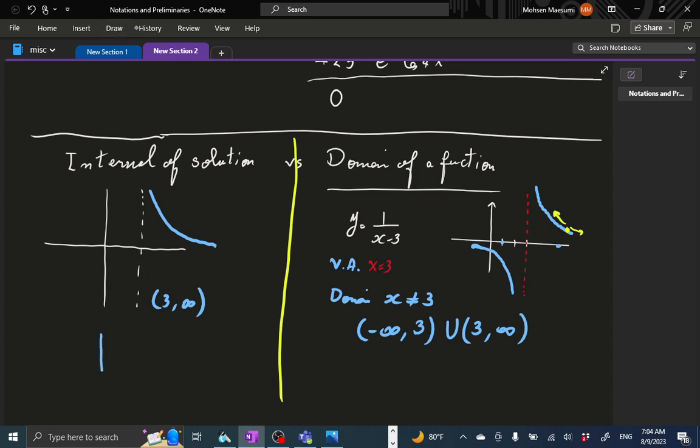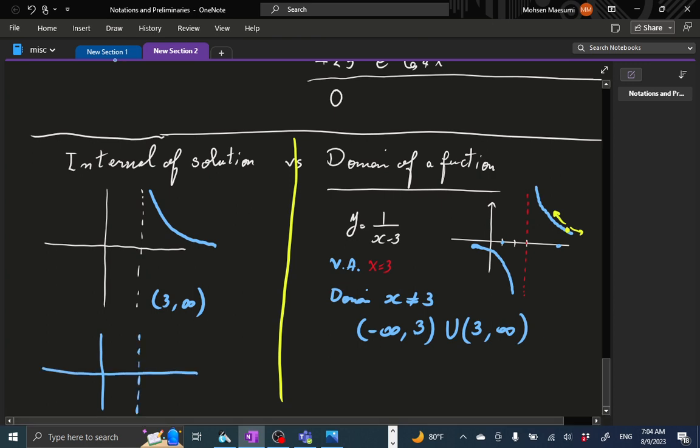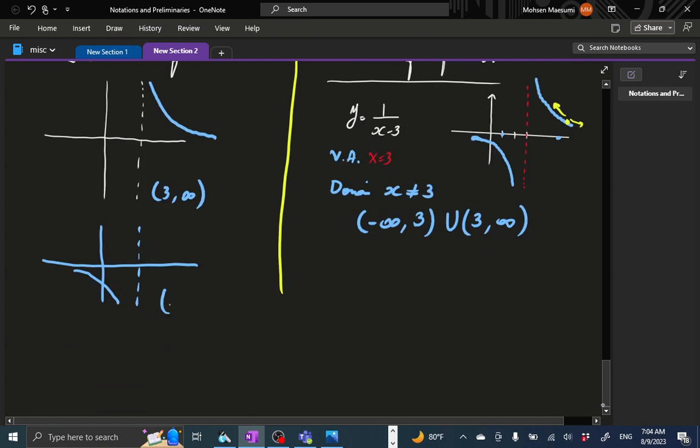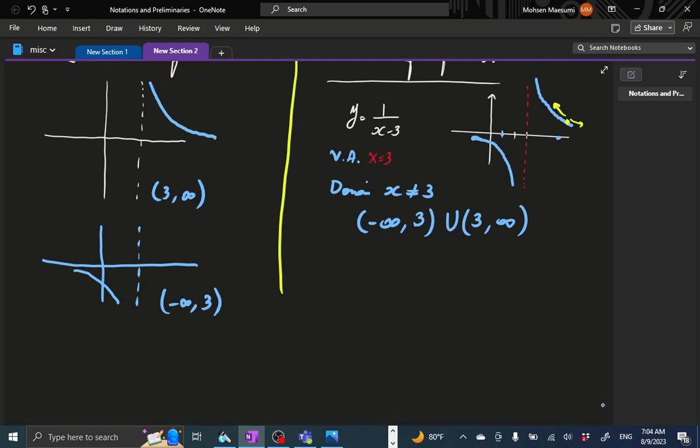Or perhaps from the beginning you were on this side and then forever you're stuck on that side. So in this one you're from minus infinity to 3, so that's going to be your interval.